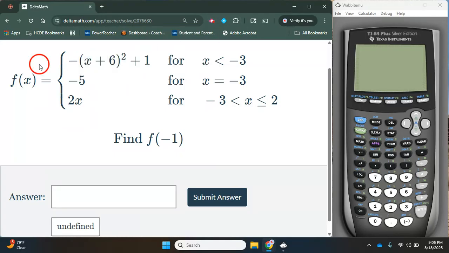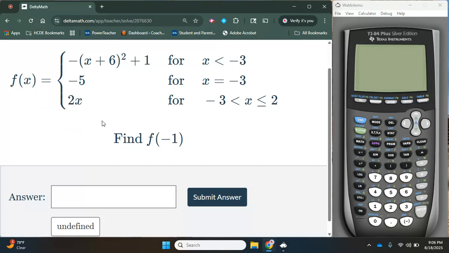So this function would be used for the values if the x value is less than -3. -5 will be the solution if x is equal to -3. And then lastly, if we have an x value that's between -3 and +2, we would use this function.